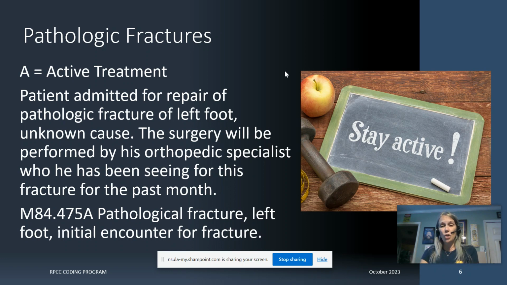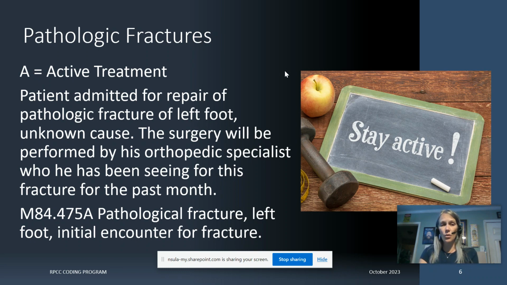Pathological fractures. So, with pathological fractures, we're going to use a seventh digit A or D, which is subsequent visit. But the A, although it says initial encounter for the fracture, it doesn't always mean that there was just one encounter for that fracture or the initial encounter that happened with that fracture.